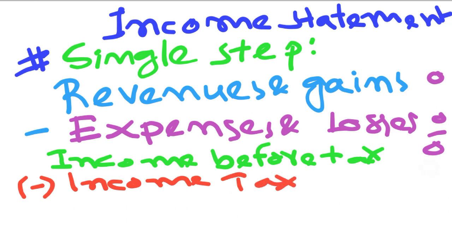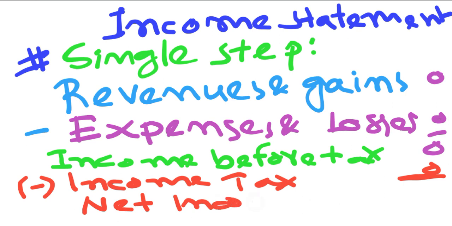After subtracting income tax we find the net income. We'll be showing some examples. So this is net income. Okay, this is the single step income statement.